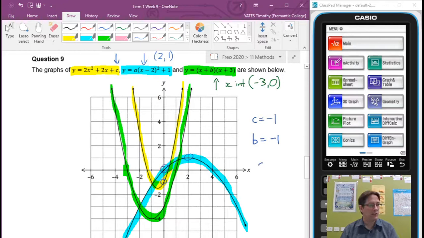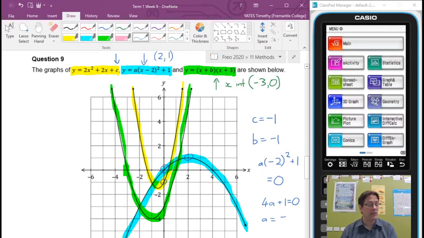So what we've got is a times, remember that x becomes 0 at the y-axis, -2 squared plus 1. And we know that that happens to be equal to 0 because we can see it on the graph there. -2 all squared is going to be 4, but we've got the a in there as well. 4a plus 1 equals 0.